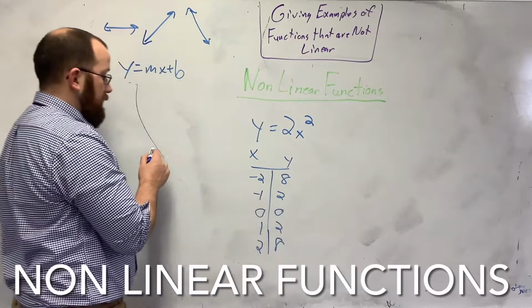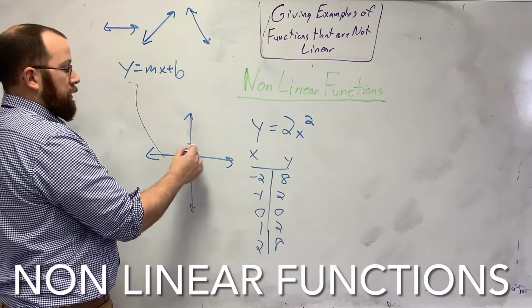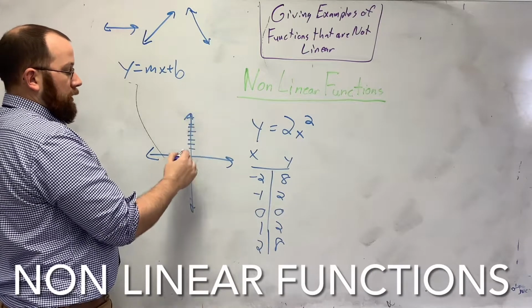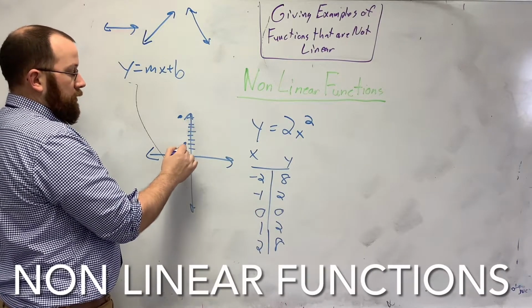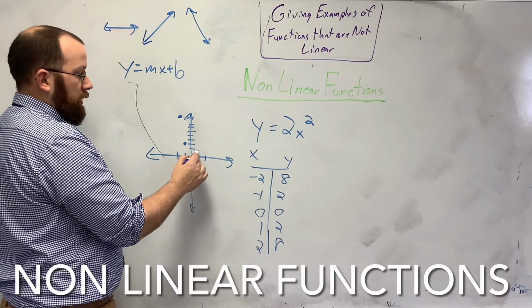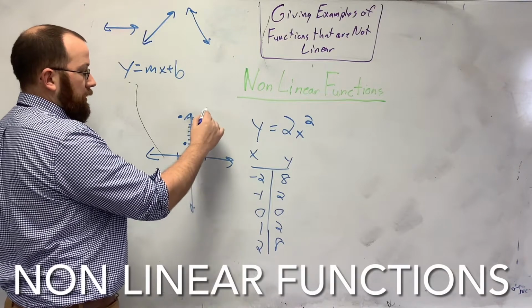So if I graph this, 1, 2, 3, 4, 5, 6, 7, 8. 1, 2, so 2, 8. 1, 2, 0, 0. 1, 2 right there, and 2, 8.